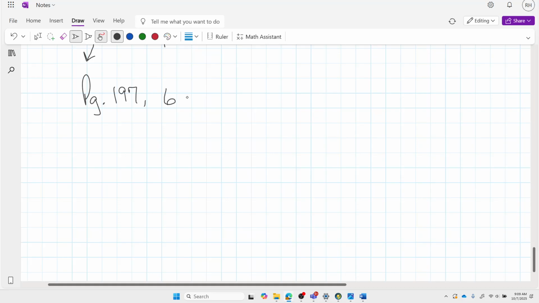And then I want you to do 7 through 9. So we're going to do problems 6 through 9. It's only 4 problems. I want you to try to do number 7 by yourself without looking at your notes. But if you get stuck on number 7, then look at your notes because we just did number 7 together. Okay? So you just have 4 practice problems to do today.